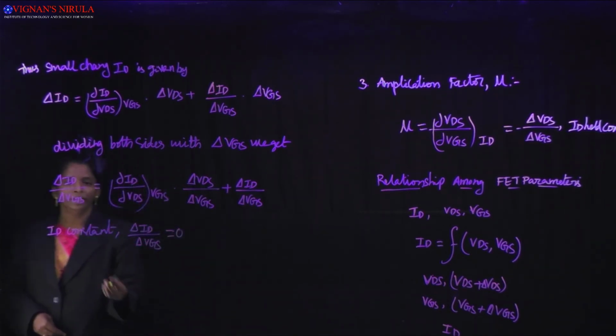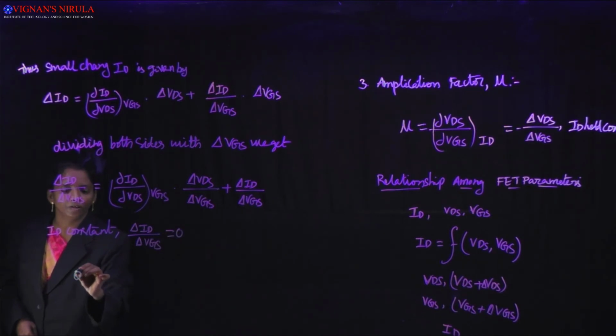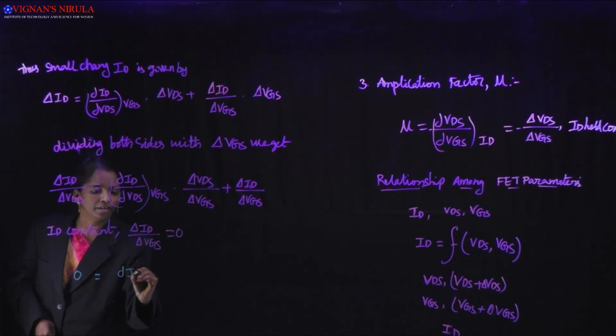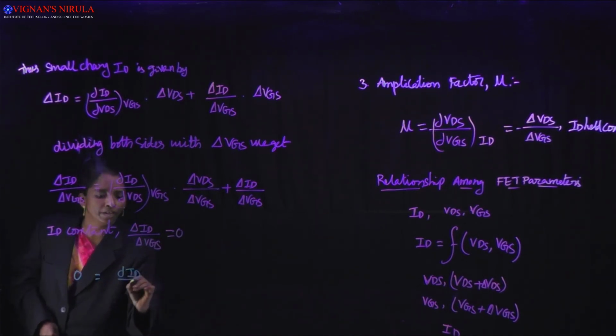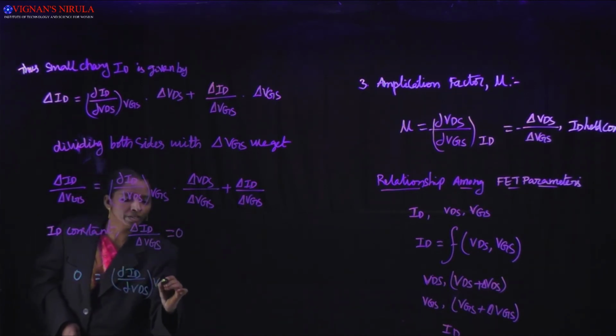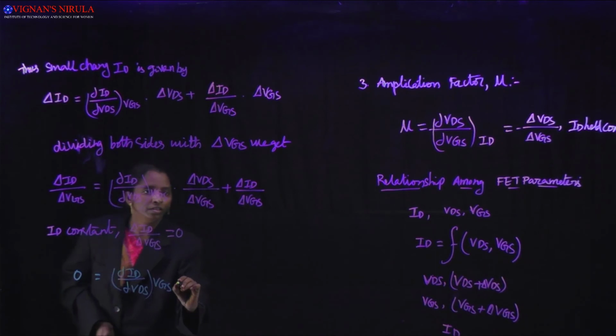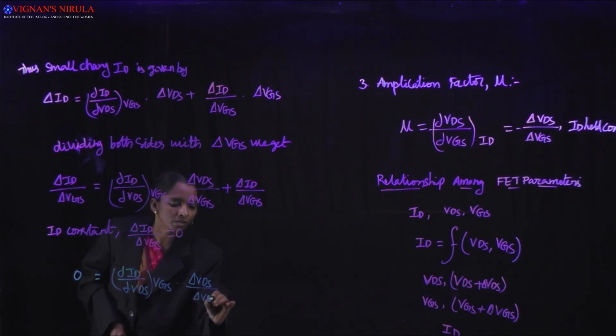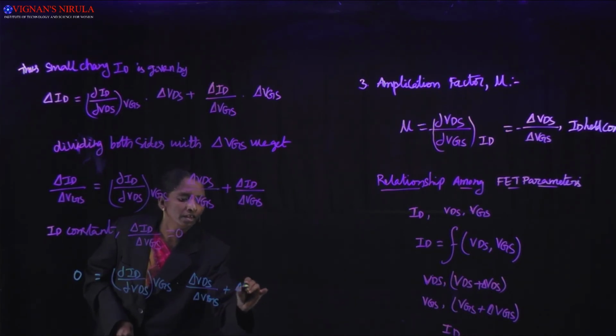So 0 equals dou ID divided by dou VDS at VGS constant, into delta VDS divided by delta VGS, plus dou ID divided by dou VGS.